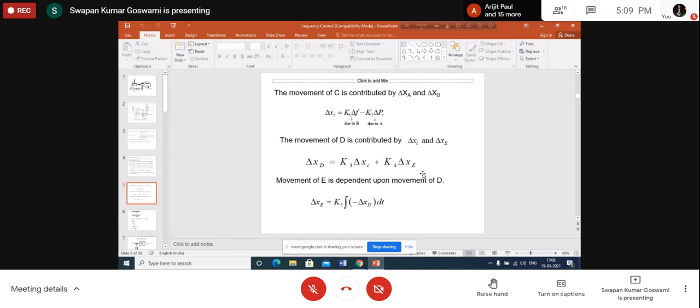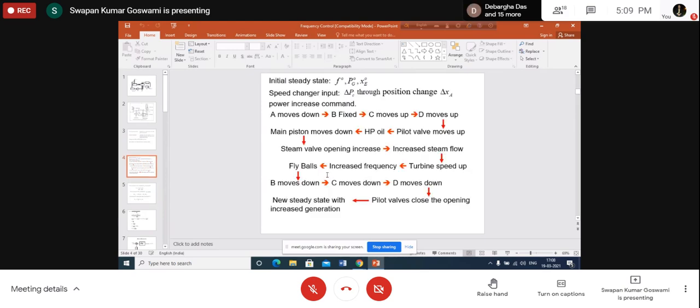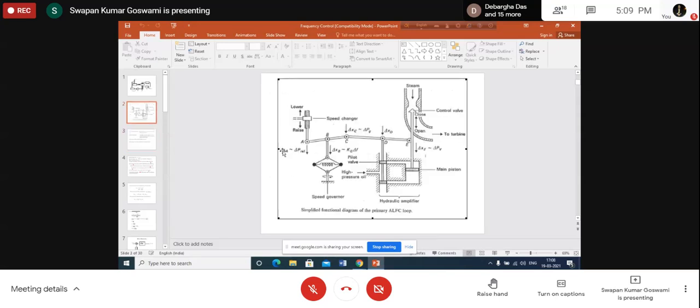Okay. Now let us see how movement of D and E are related. When E moves, what is needed is oil movement from this cylinder to this cylinder, either through these spaces or through these spaces.